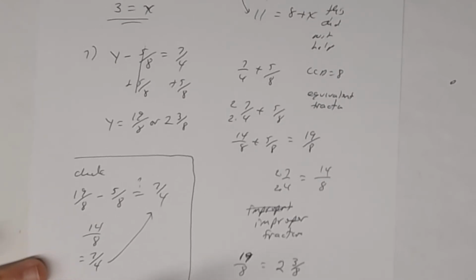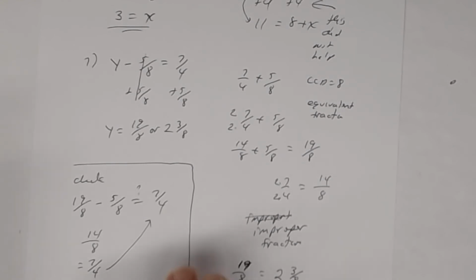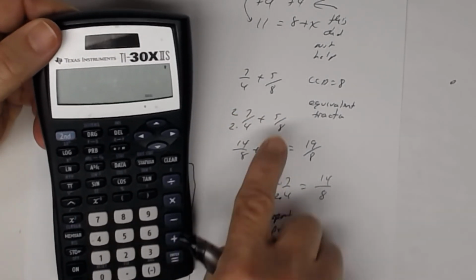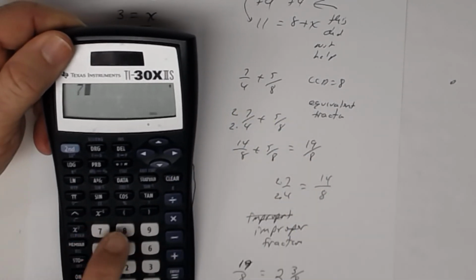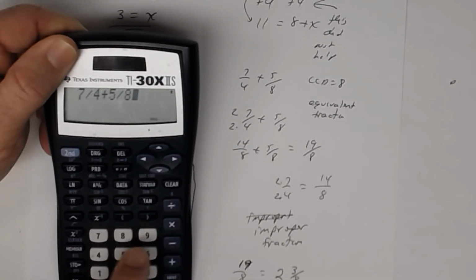Okay, just a reminder about how to deal with fractions. Now, if you know how to use your calculator, you can always do this on your calculator. Let me show you how to do it on mine. I have 7/4 plus 5/8. You're going to say 7 divided by 4 plus 5 divided by 8, and press equal.